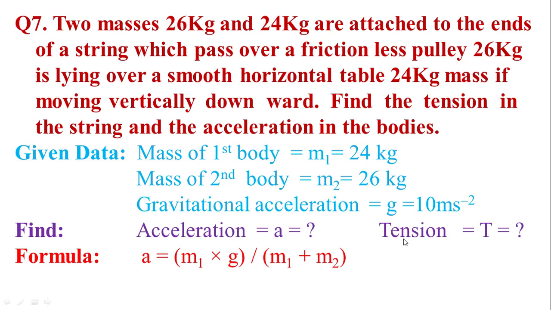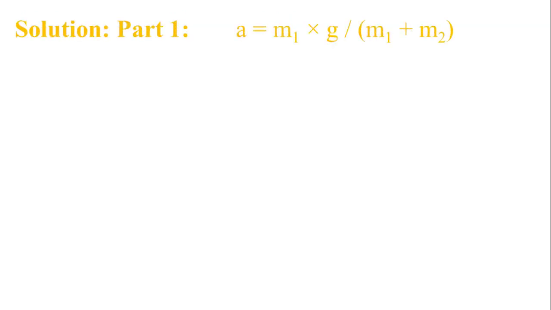The formula for acceleration when one body is on a smooth horizontal surface and the other is vertically downward: a is equal to m1 g upon (m1 plus m2), and tension T is equal to m1 multiplied by m2 multiplied by g upon (m1 plus m2). In part 1, we can find the acceleration a.